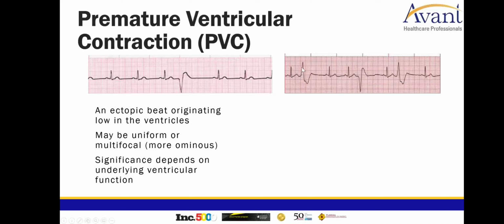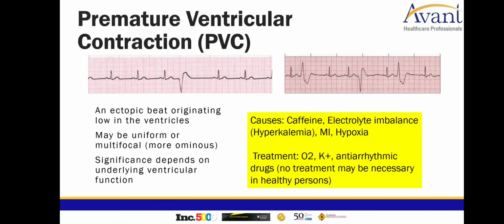Multifocal means that these impulses are being created by different cells in the ventricle, which is a little bit more ominous because it's telling us that something is irritating the ventricles. They're not liking what's going on there. So they get irritated and you have these escape beats or premature ventricular contractions.